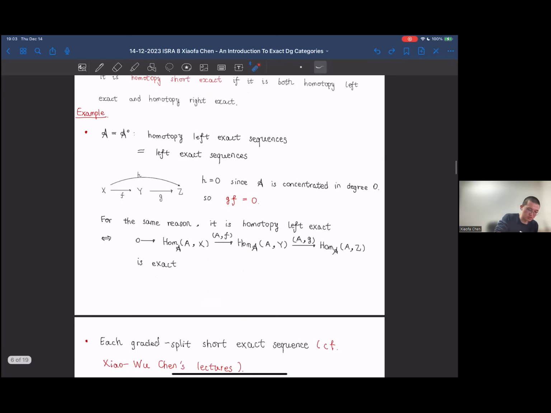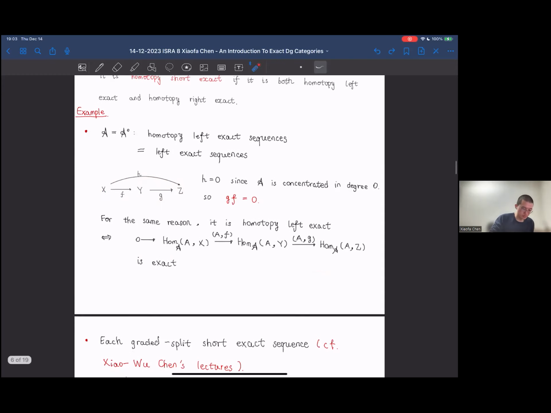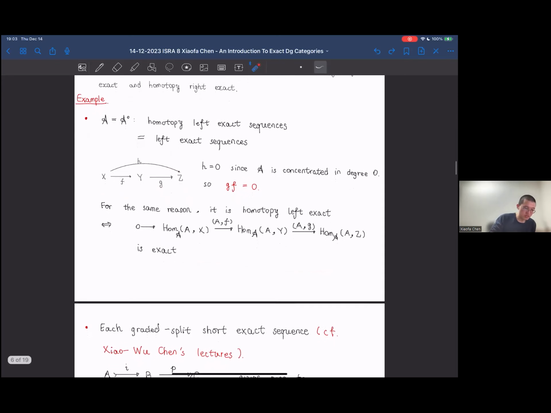So this means that this complex in the additive category A, concentrated in degree 0, is left exact. Yeah, because we have this. Okay.